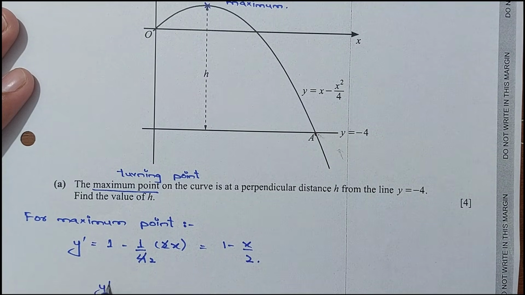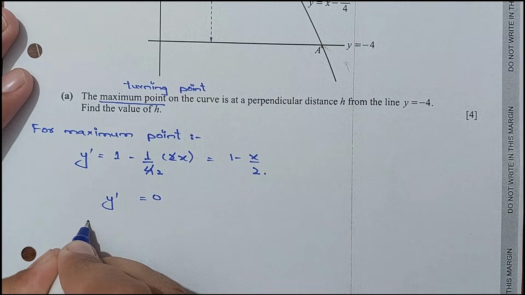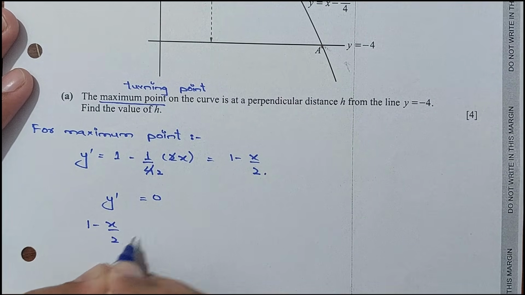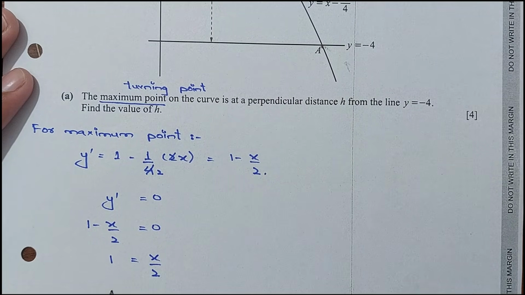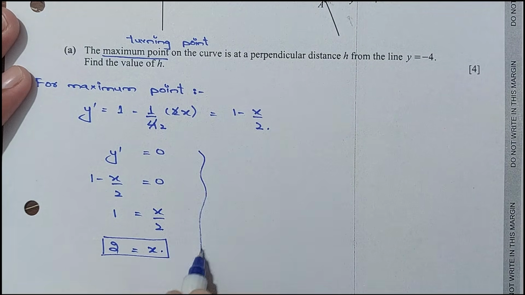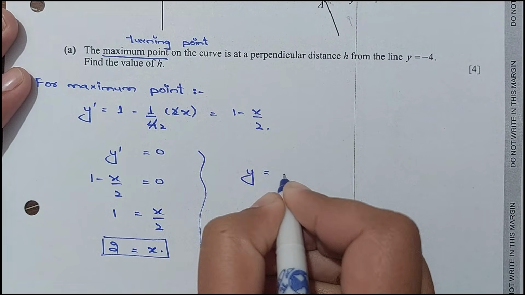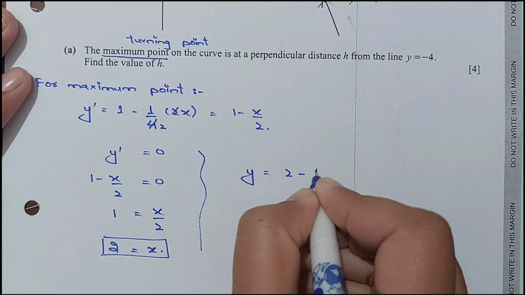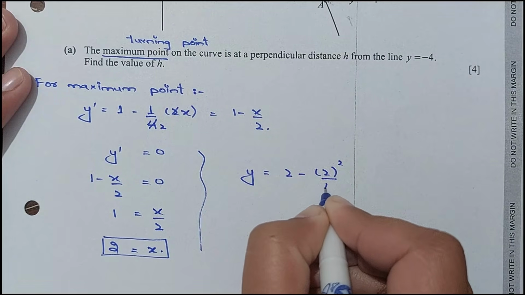So for maximum, you have to put the derivative equal to 0 and solve for x. So 1 minus x over 2 equals to 0. So 1 equals to x by 2, cross multiplication, 2 is equal to x, right? So when x is equal to 2, what is the y? So y would be equal to 2 minus 2 square over 4.